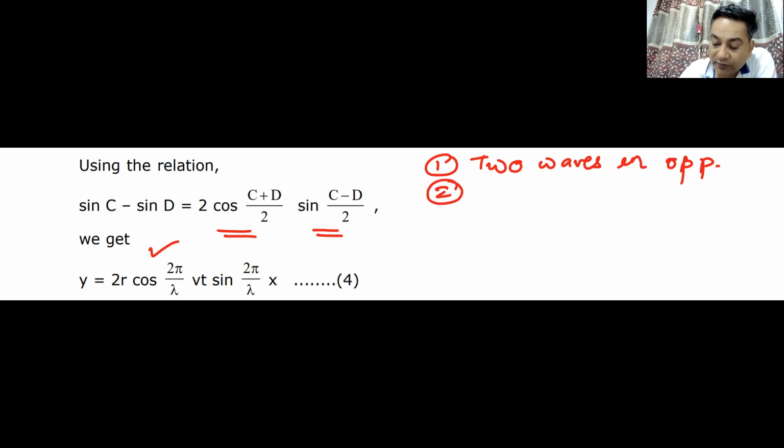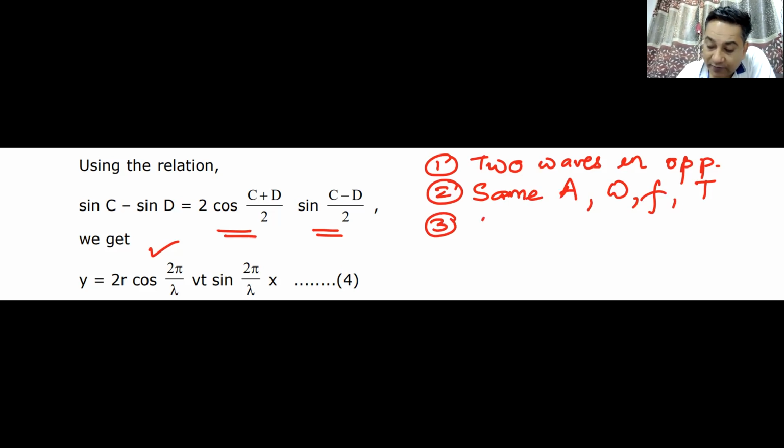Number two, the waves must have same amplitude, same omega, same frequency, same time period. Do we understand this? Number three, they must be having a phase difference of pi. Do we understand this?